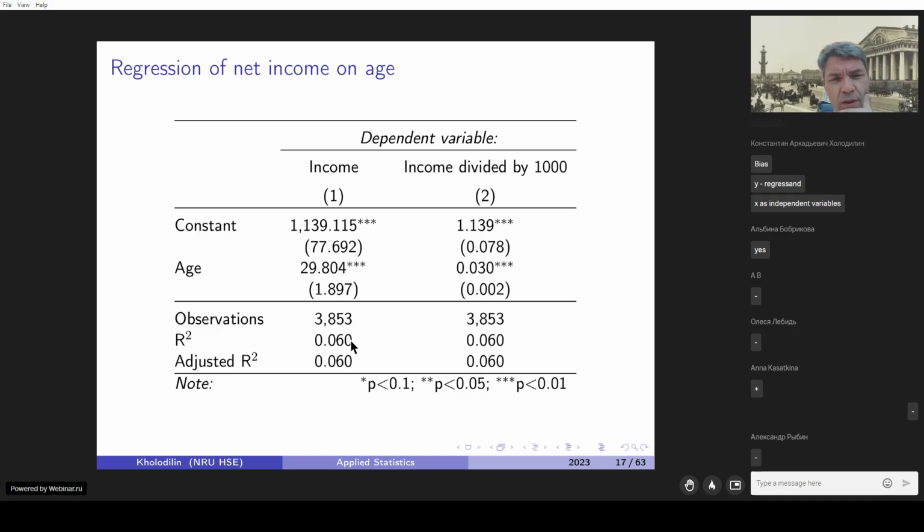And what do you think about this regression? Does it explain the data well or badly, looking at the R squared?